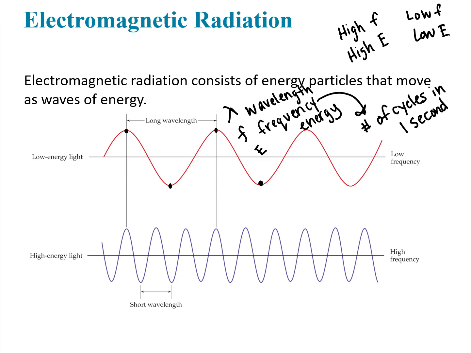Higher frequencies and higher energy are associated with short wavelengths. So that's depicted down here, the kind of bluish purple wave that we have. That's a short wavelength, and it has a high energy and a high frequency. Low frequency and low energy waves are long wavelengths, and that's what's shown at the top, the red wave.